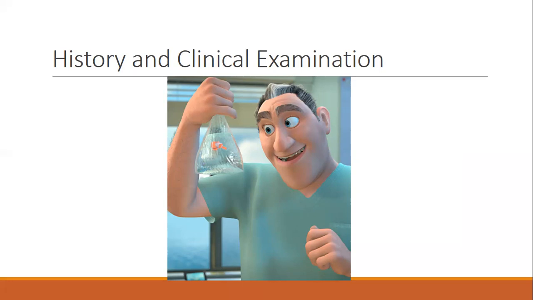The cases are not straightforward, so the decision is all up to you. So you have to know the history and the clinical examination. You have to know everything about your patient and everything around the area that you want to construct a prosthesis in.